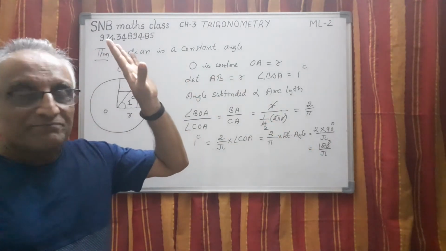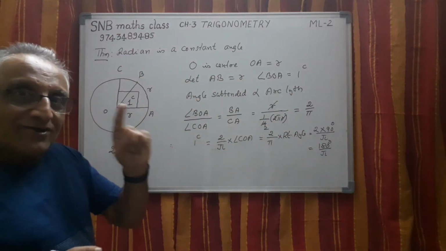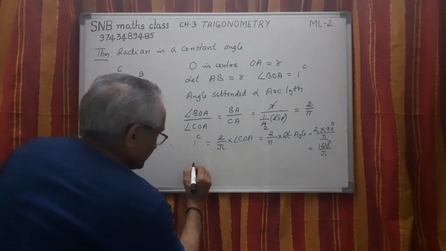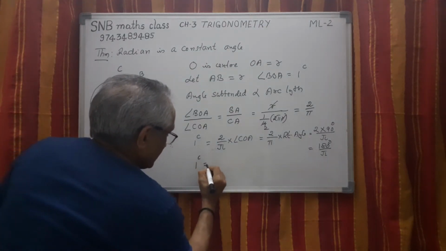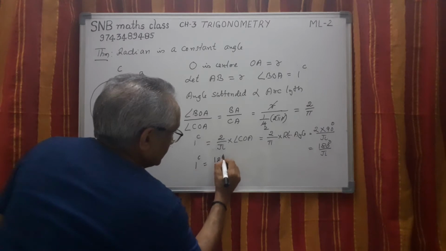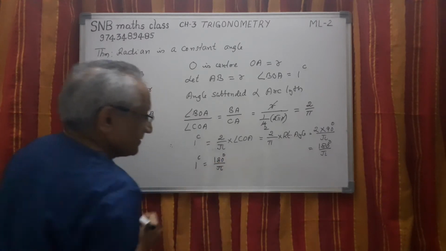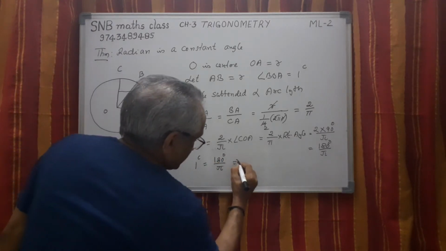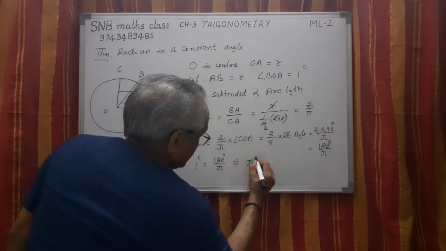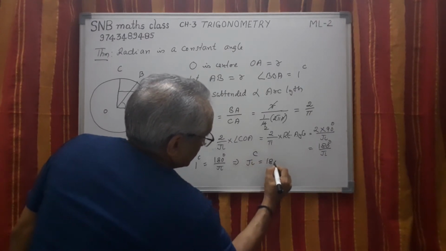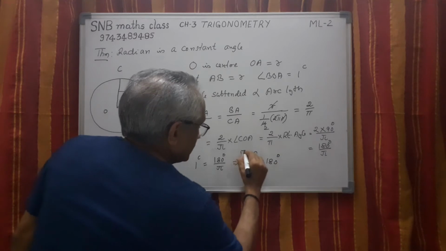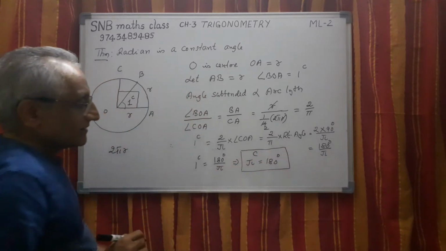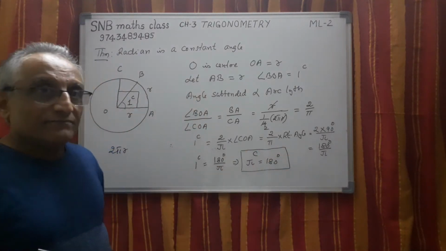That is established. In this process we have got one more relation, that is, 1 radian equal to 180 degree divided by pi. This implies you can also write pi radian equal to 180 degree. This is the relationship between radian measure and degree measure. What is pi?